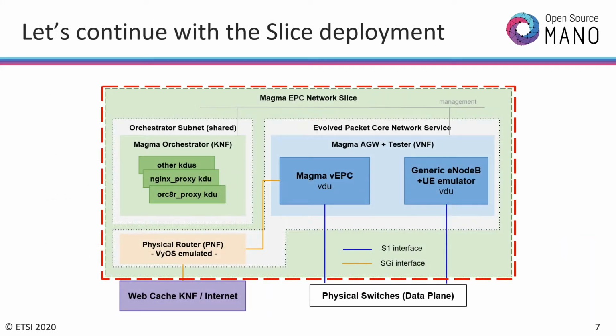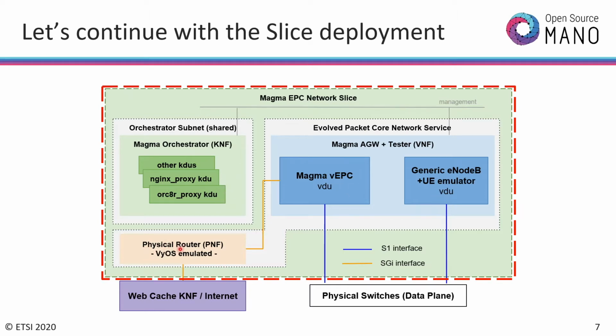So our slice will look like this. We have one network service that we put as a network slice subnet inside our slice, that is the red box. And then we have another network service that we use as a network slice subnet, the second one. That will be the evolved packet core with the Magma virtual EPC and emulator plus the PDU.